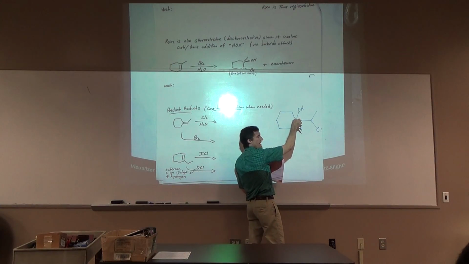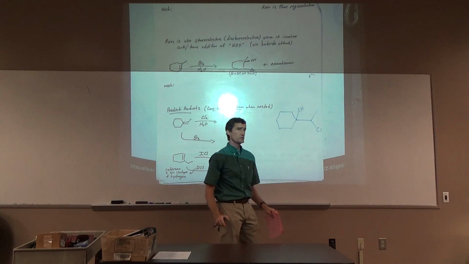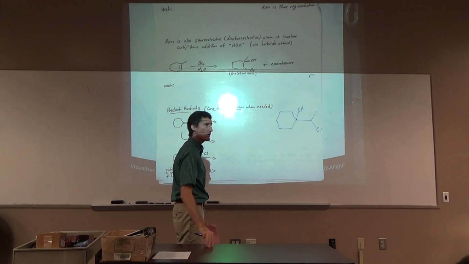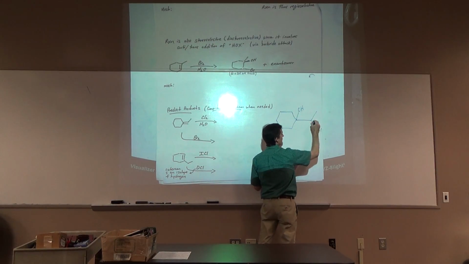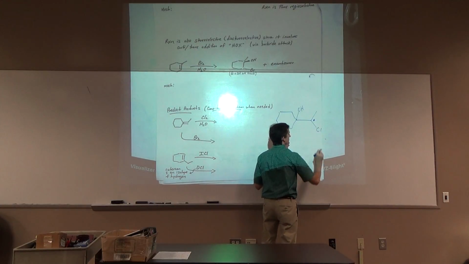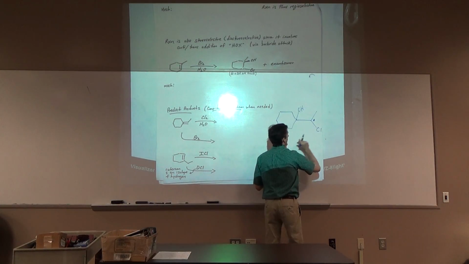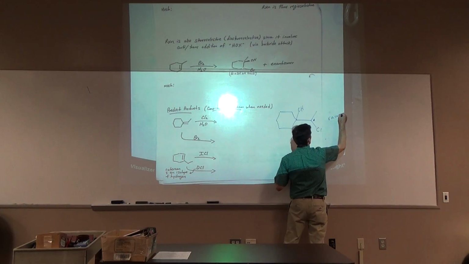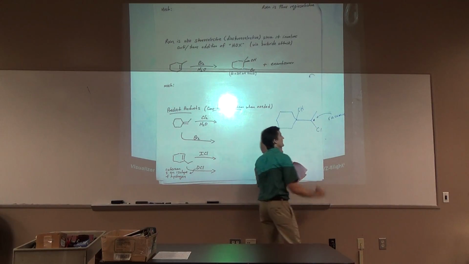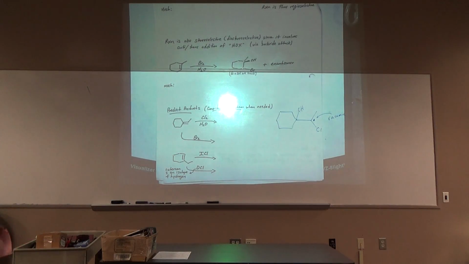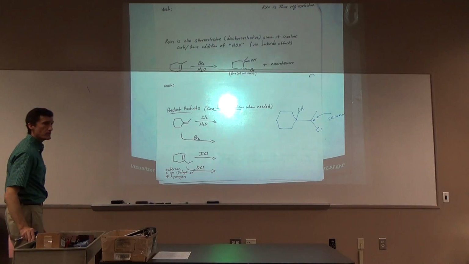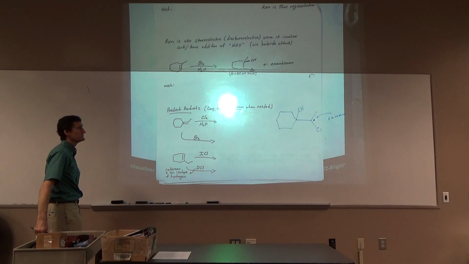That carbon's not chiral, so it doesn't matter how you draw it as long as you have everything connected to the carbon correctly. This is chiral, but there's only one chiral carbon. We can star that. It will be racemic. You can just put that in your notes for now. Racemic means it's going to be both configurations at the carbon.